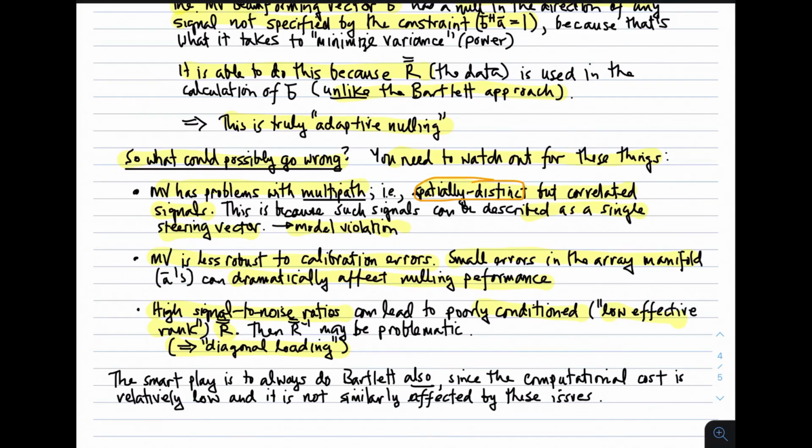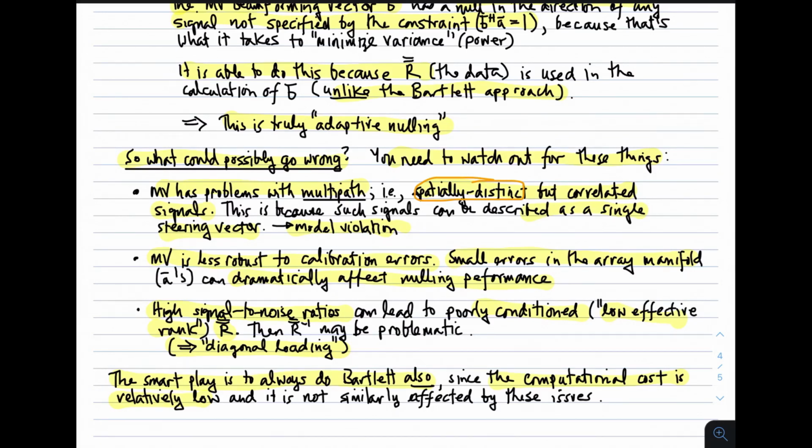To summarize, the smart play is always to do Bartlett processing also. That is, if you're going to do MV processing, I would recommend you also do Bartlett processing. And the reason is because Bartlett processing has a relatively low computational cost. Compared to the effort it takes to do MV processing, the additional effort to do Bartlett processing as well is usually negligible.